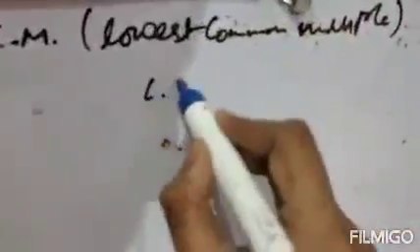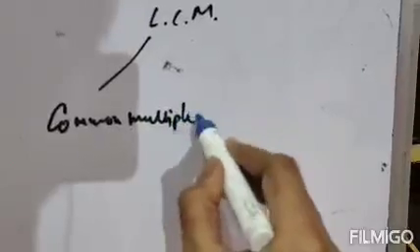Lowest common multiple. Now there are three methods for finding LCM. Like HCF, there are three methods for finding LCM. Number one is common multiple method. Number two is prime factor method.